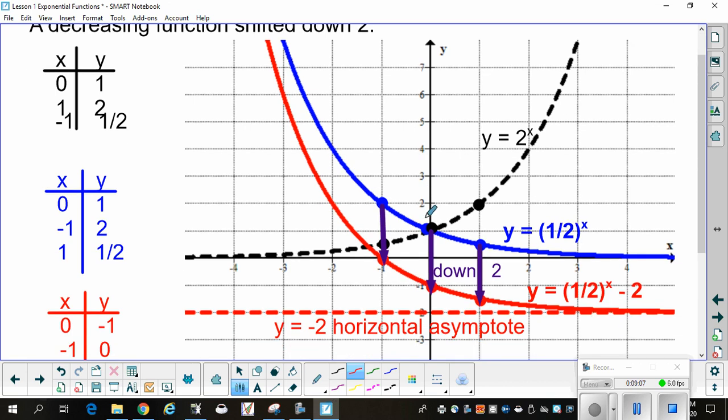Decreasing down to, I take my function and I move it down to y equals negative 2 as the horizontal asymptote. A lot of the things that you might be asked on tests is especially what is the transformation, describe the transformation, or maybe pick out a graph from a bunch of graphs. So this isn't too bad.